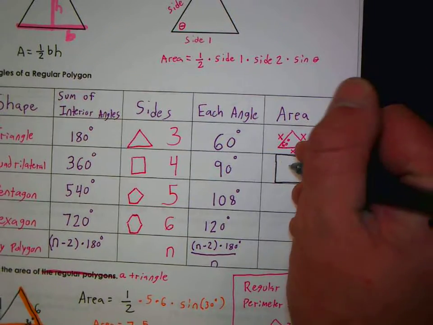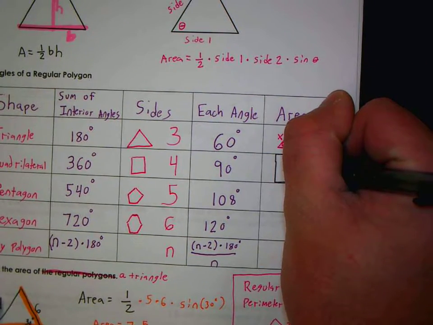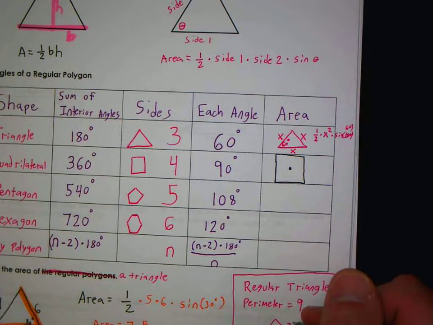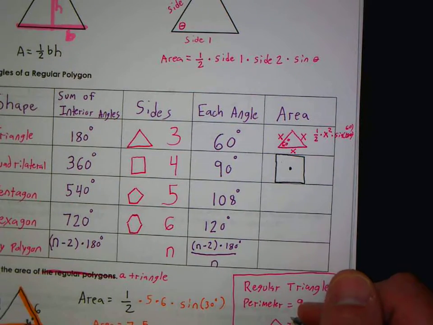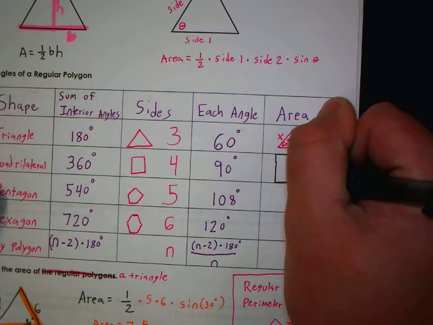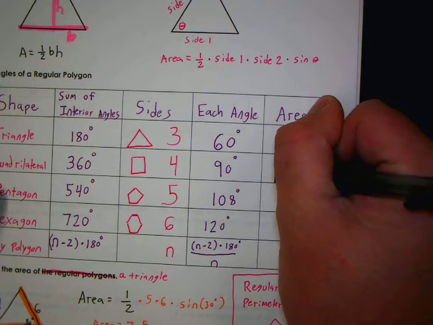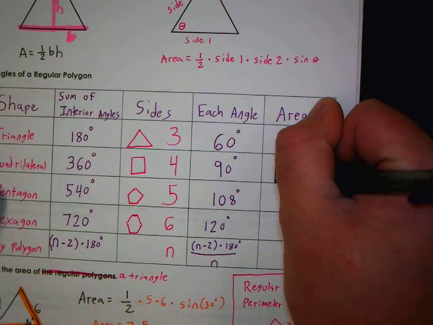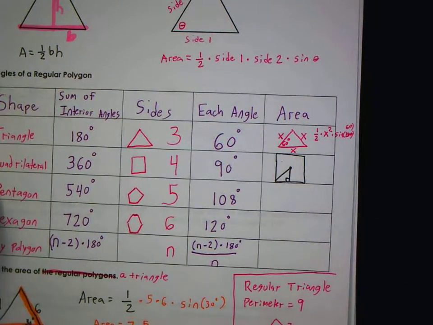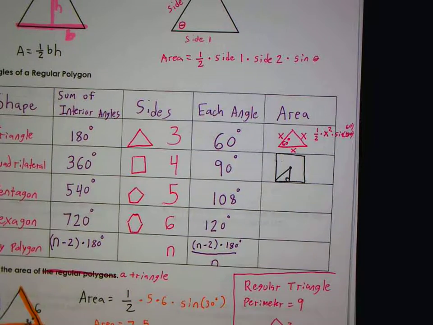Basically what we're going to do is every shape has a center. Say it's there. And we can make a triangle here to make 90 degrees. And I'll show you why we're going to do this. But basically 4 of these triangles would fit in this shape.